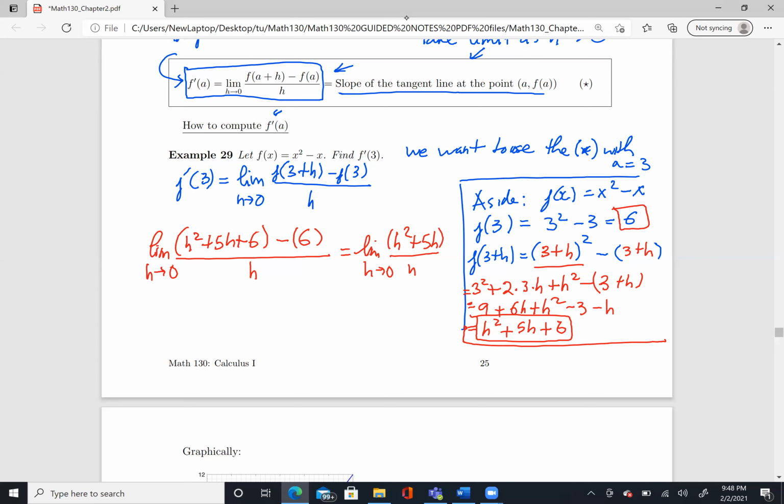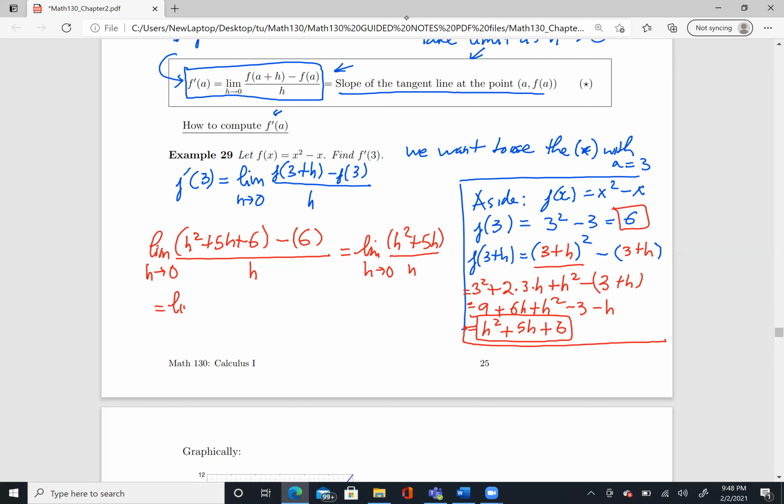Okay, so next step, remember that you cannot directly substitute h into this expression because if you plug in, then the denominator becomes 0. So you want to eliminate the h at the bottom by factoring one h out on the top.